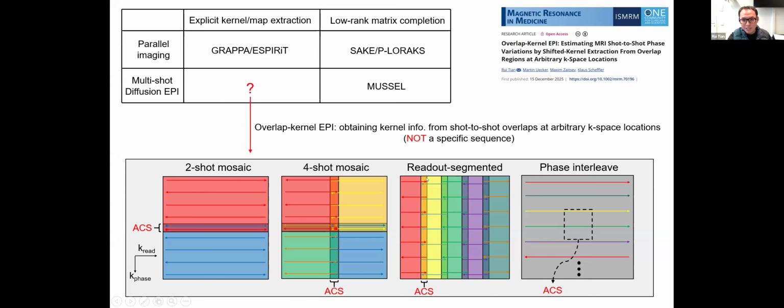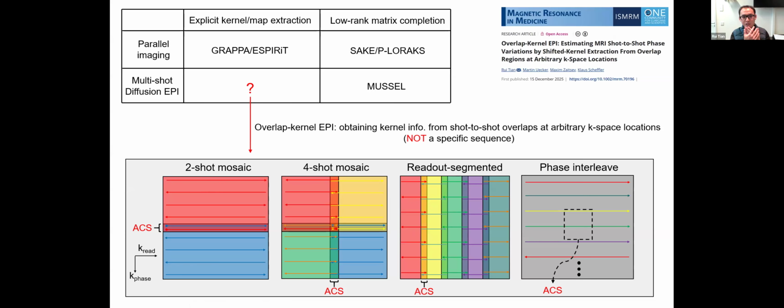You mean this readout segment? Yes. For example, this orange overlap region only links the red signals to the yellow signals, and not the others. Yes, exactly.